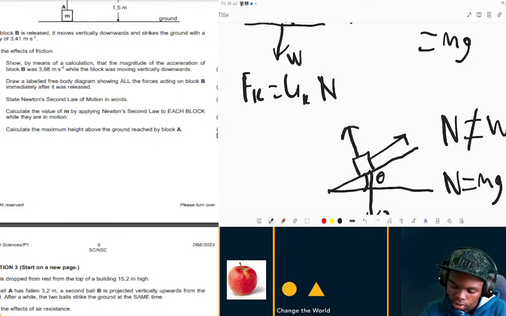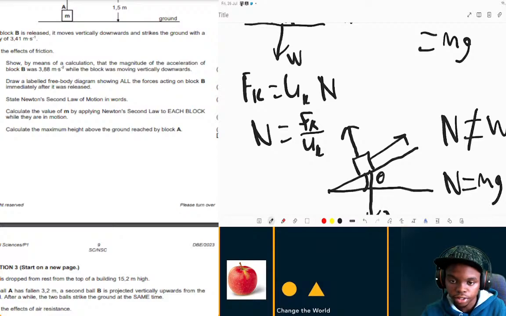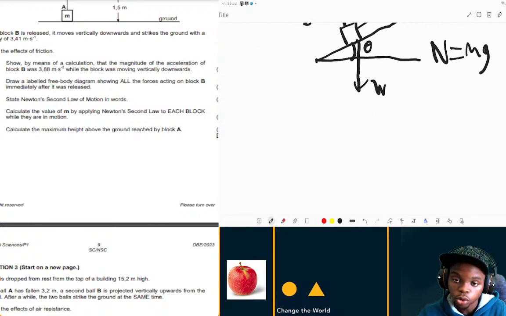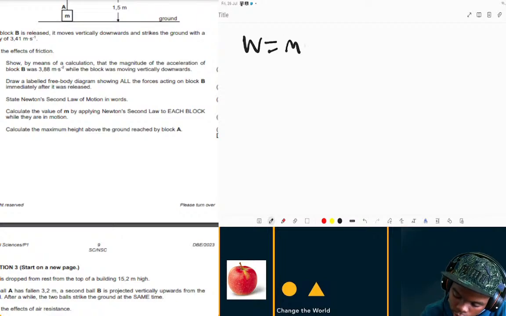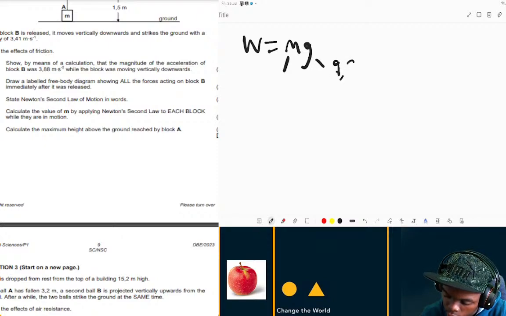In the same way, the normal force can equal the friction over the coefficient of friction. But it's also equal to mg, in other cases not. So we'll discuss that. Now, the weight, which equals mg, where we have the mass and the gravitational constant, which is 9.8, and the mass is calculated in kilograms, and this is meters per second squared.